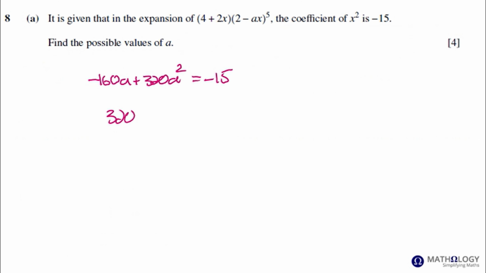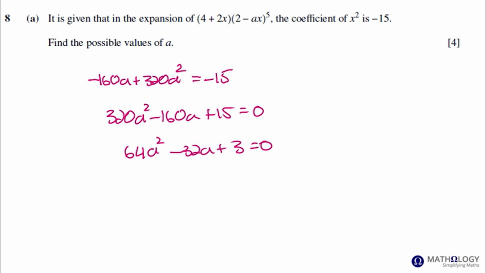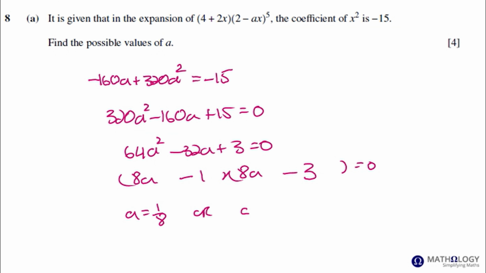So 320a squared − 160a + 15 equals 0. Dividing by 5, 64a squared − 32a + 3 equals 0. So a equals 1/8, or a equals 3/8.